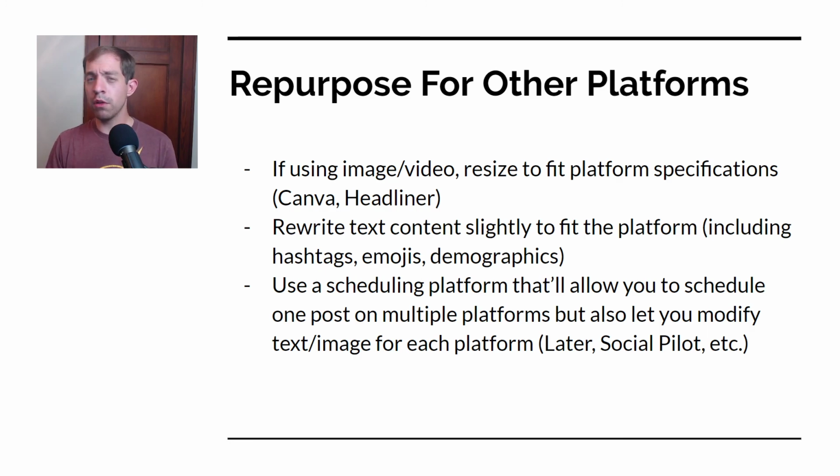So when you're creating the general post that you're going to be using for each of the platforms you plan on posting it to, look at the message that you're trying to provide in that post, and then see if you can shorten it or elongate it.